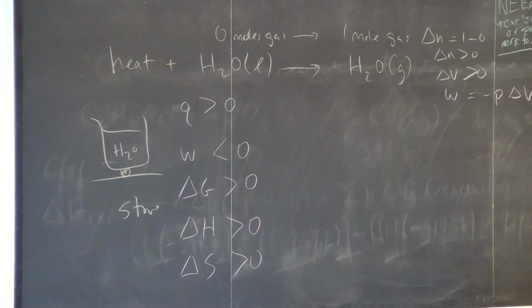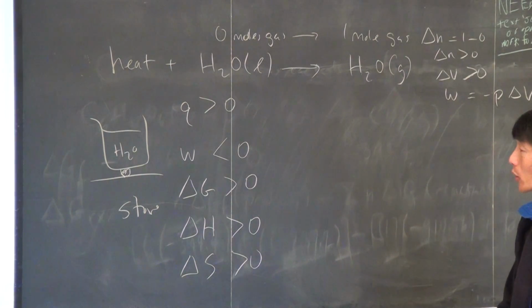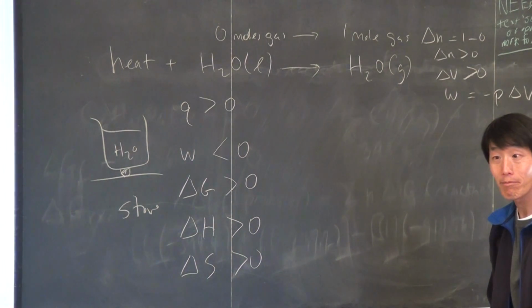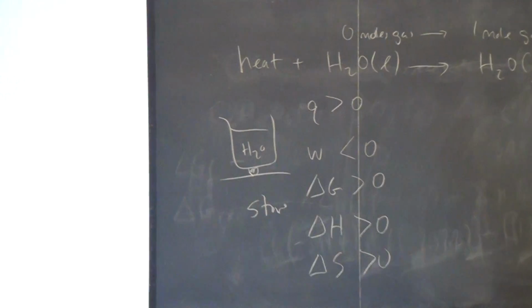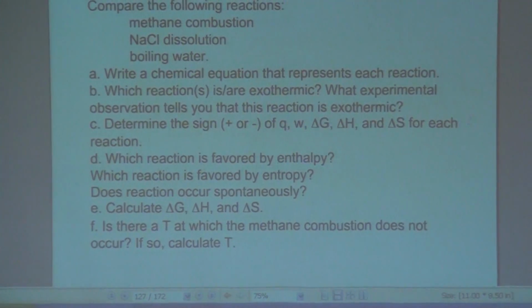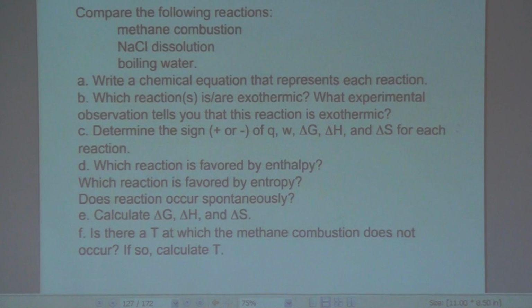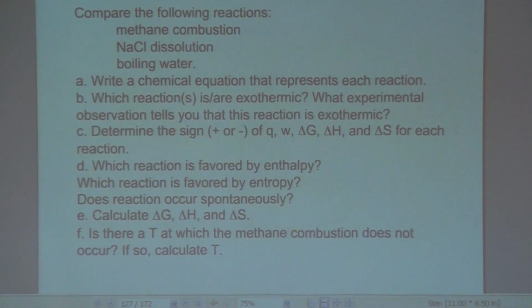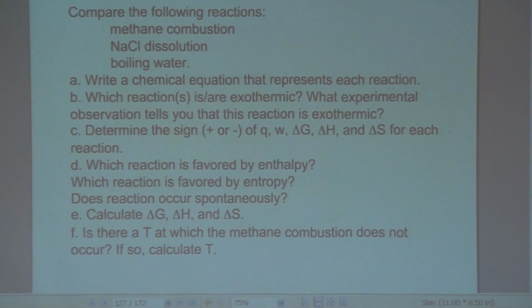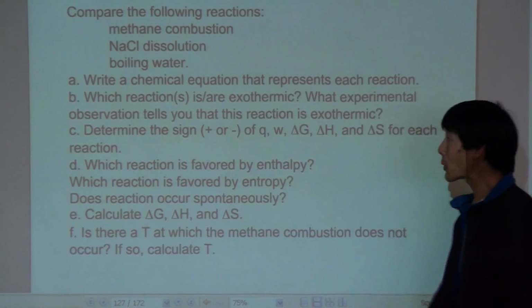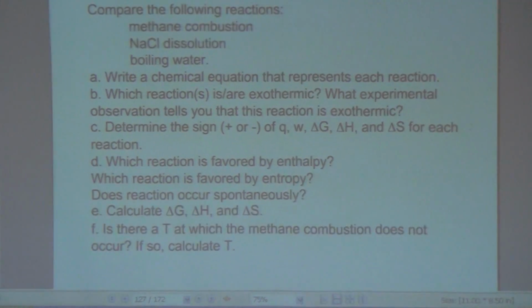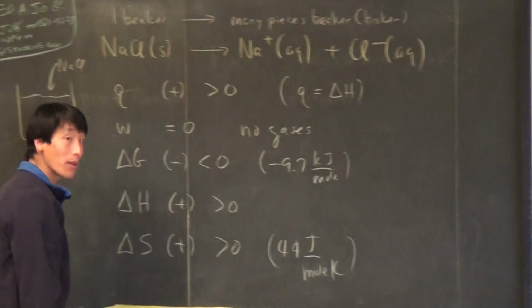Okay, let's go on to part D. Which reaction is favored by enthalpy? Is this reaction favored by enthalpy?